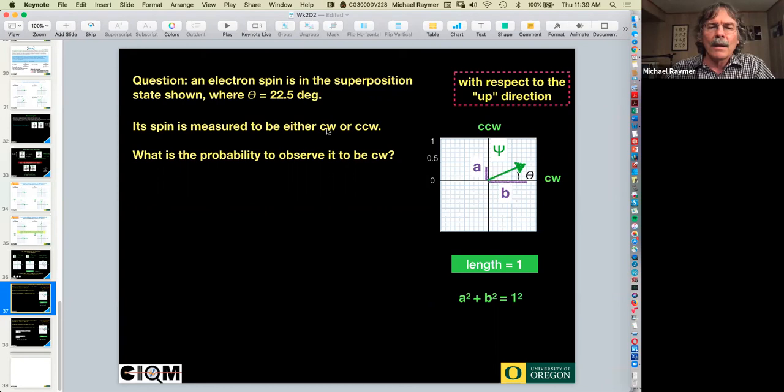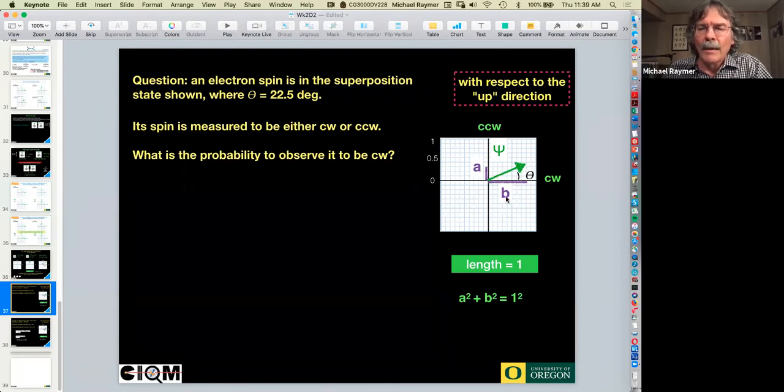Its spin is measured to either be CW or CCW. What is the probability to observe it to be CW? And I put this little comment in the upper right-hand corner with respect to the up direction. That just means that CW and CCW are measured as spinning relative to the up direction in the laboratory. That's the detail, just don't worry about it.